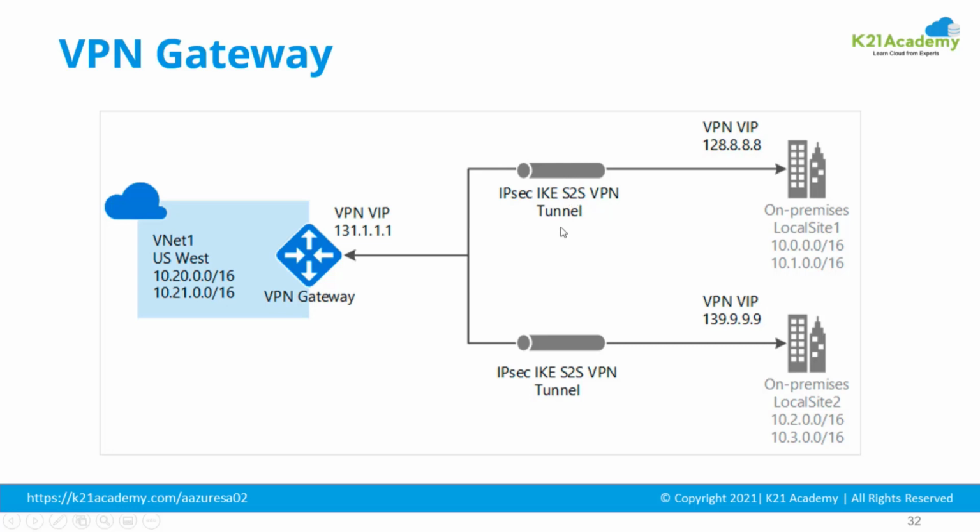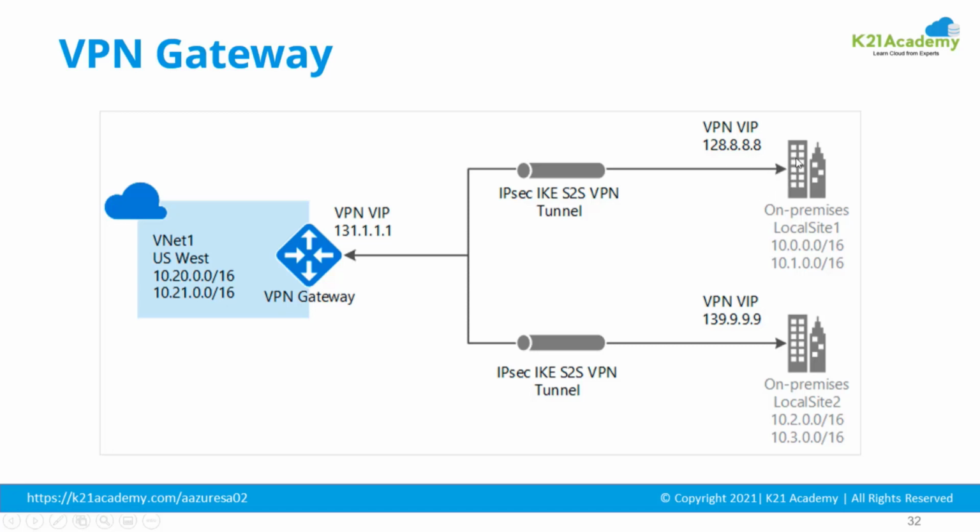As I said, there are two ways to connect. One is this one here. We are talking about S2S, which stands for site to site. So you have on-premise, and you might have multiple sites of on-premise, or you can have one site as well. Assume you only have one site, that will have one end of the VPN tunnel.